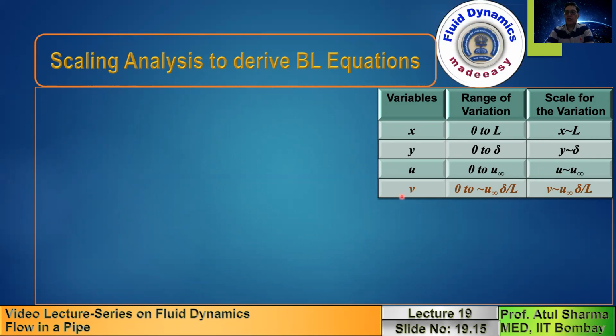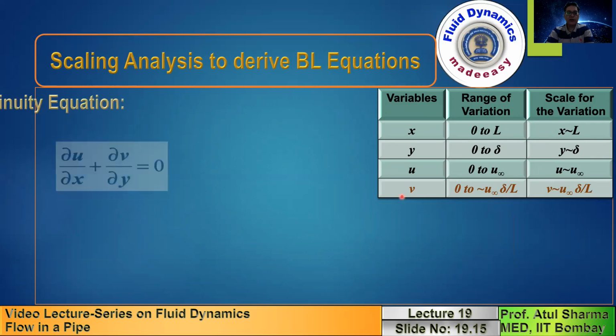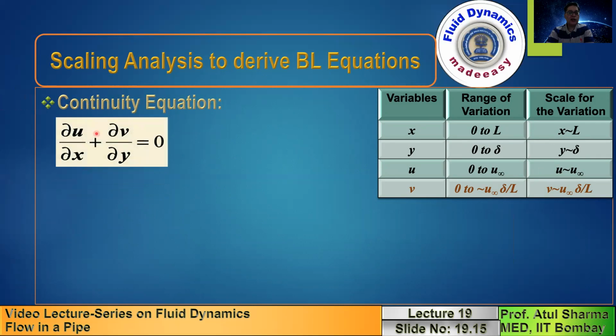The order of v is obtained from the continuity equation. For a two-dimensional incompressible flow, you have two terms, let us suppose A and B, so A plus B equals 0. This is possible if the order of A is the order of B.